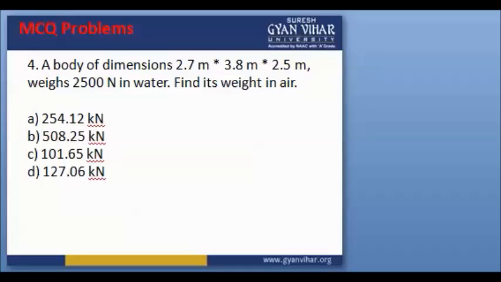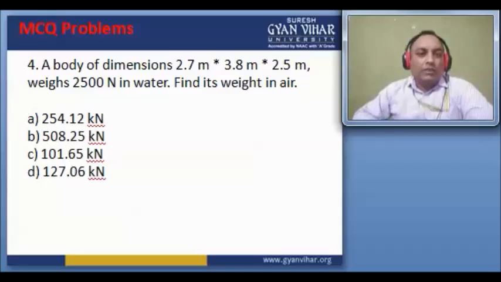For question number 4, a body of dimensions 2.7 meter, 3.8 meter and 2.5 meter weighs 2500 Newton in water, and find its weight in air.